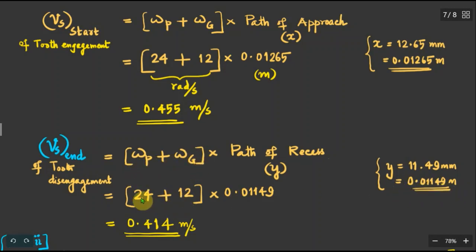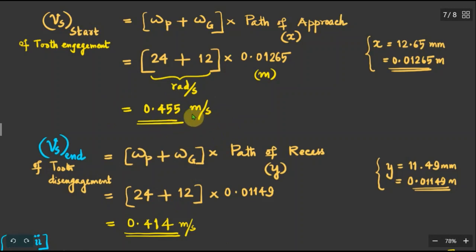So omega p plus omega g, 24 plus 12 again, multiplied by 0.01149, remember that is in meters, and then the velocity will be in meter per second. So the velocity of sliding at the end of tooth engagement, or at the time of tooth disengagement, will be equal to 0.414 meter per second.